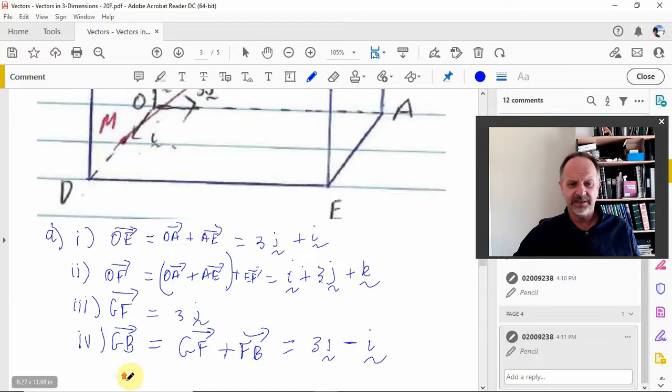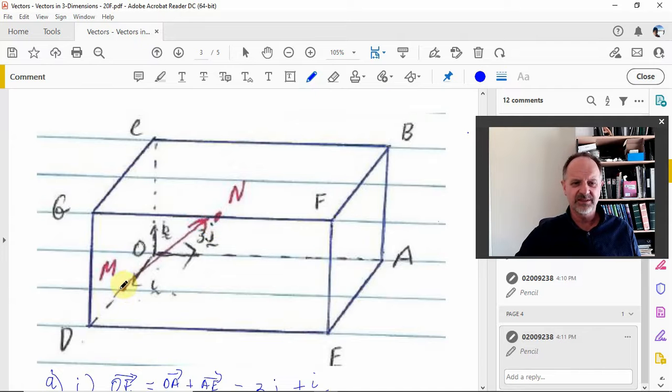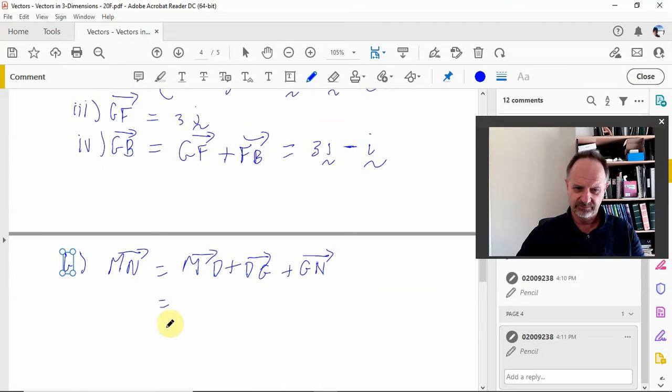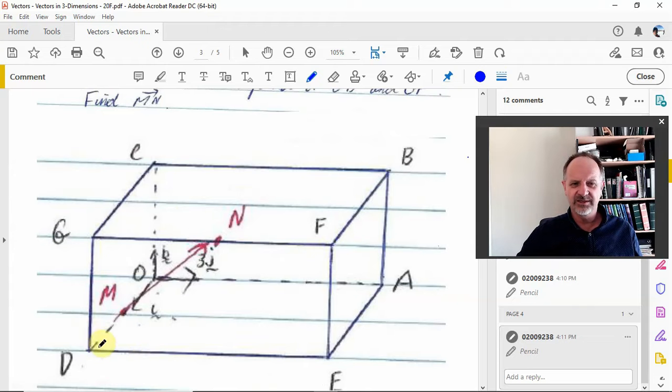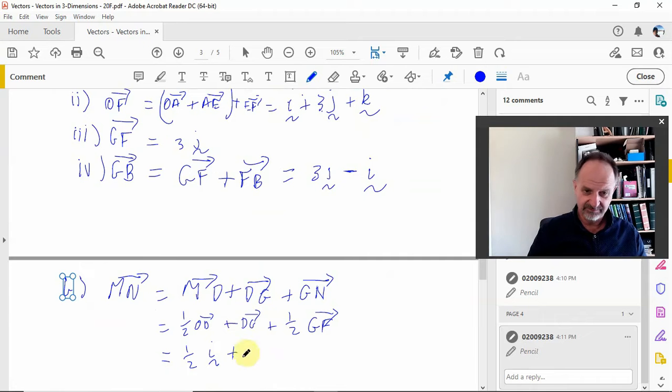Now, M to D, because they're both midpoints, remember, that's half of O to D. So that's a half of O to D plus D to G. And this one here, because that's a midpoint, that's a half of G to F. All right, and half of O to D is half of I. D to G, that edge is parallel to the O to C edge, so it's parallel, same length, so that's K. And the halfway G to F, there it is up here.